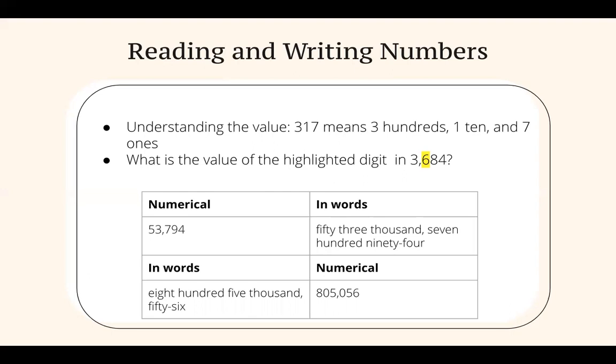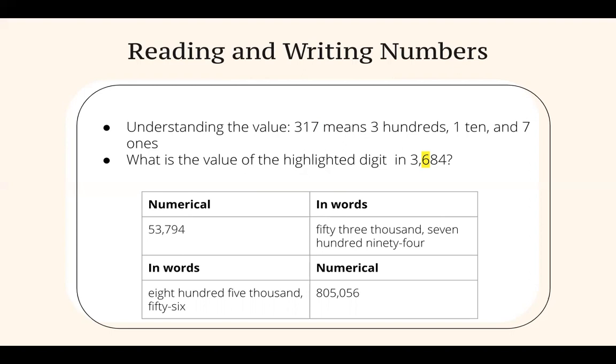But you can also think of this as there's three 100s, there's one 10, and there's seven ones that make up the number 317. So you can add those up and put it on paper. If you had three 100s, one 10, and seven ones added up, you would get the number 317.